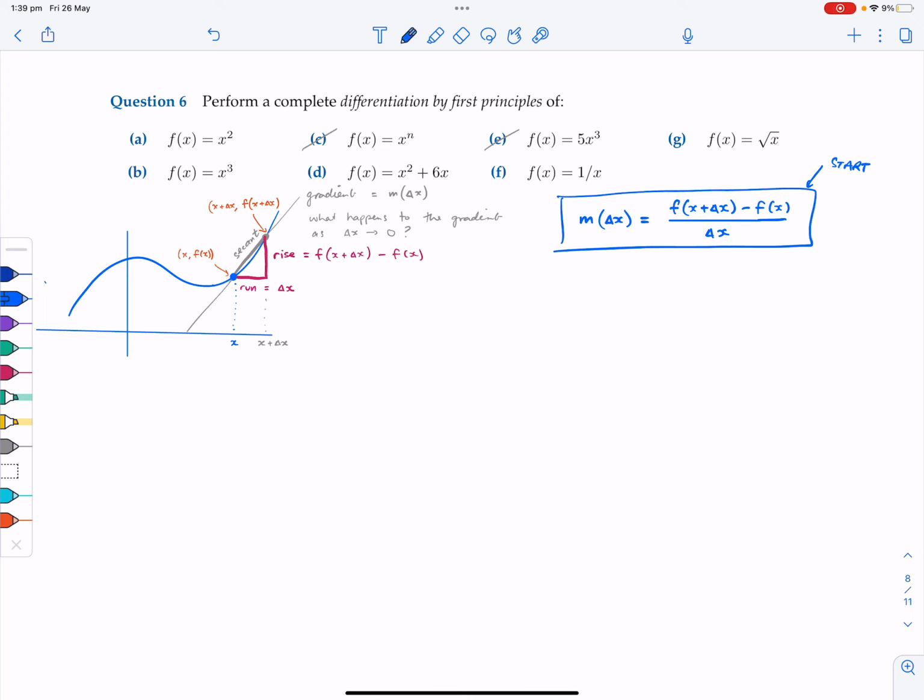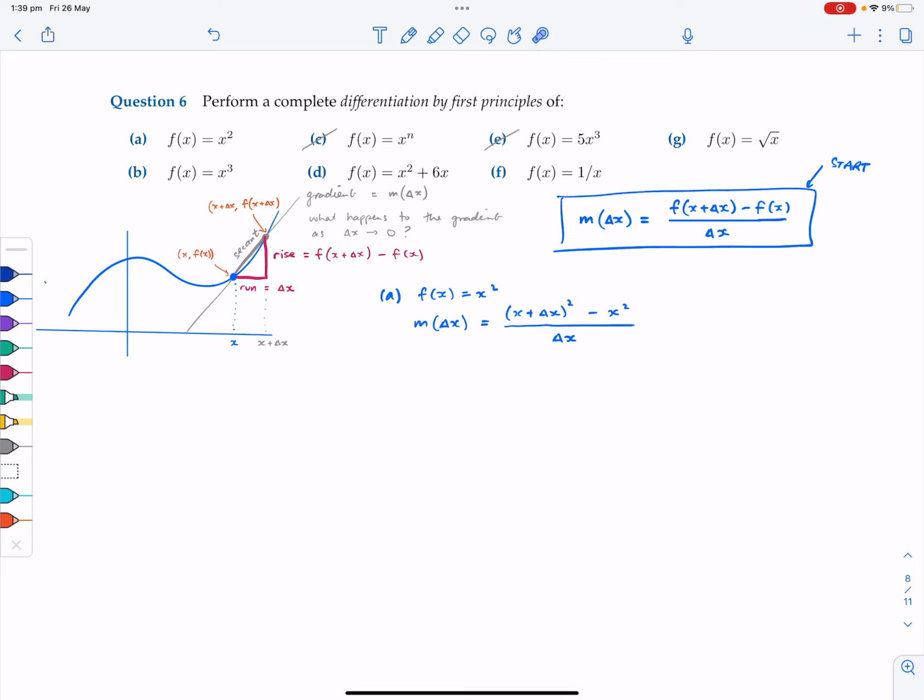All right, so for question A, we've got f of x equals x squared. So the gradient as a function of delta x is, what's this? This is x plus delta x all squared minus x squared over delta x.